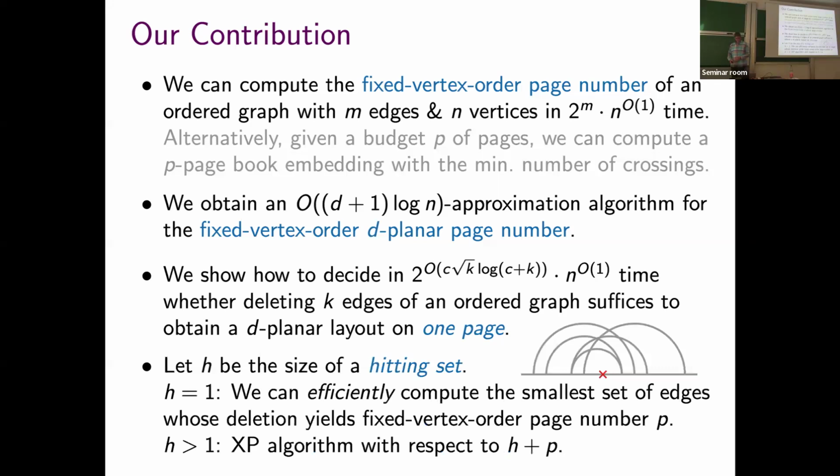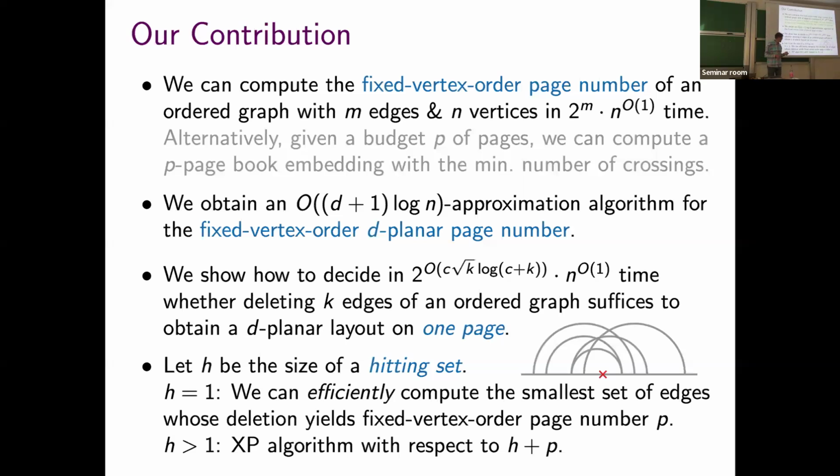And finally, the last one that will take most of the time has a new parameter in it, namely the size of a hitting set, where here's a simple example. This set of edges has a hitting set of size 1, so it's a point on the spine that is contained in all the edges. Yeah.